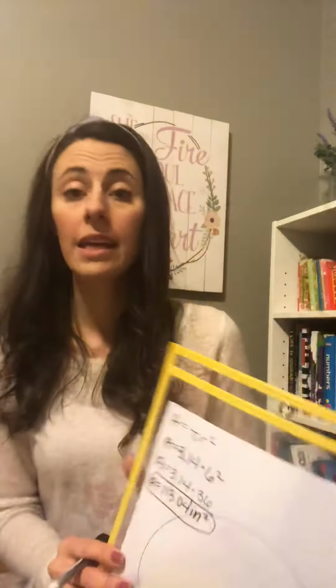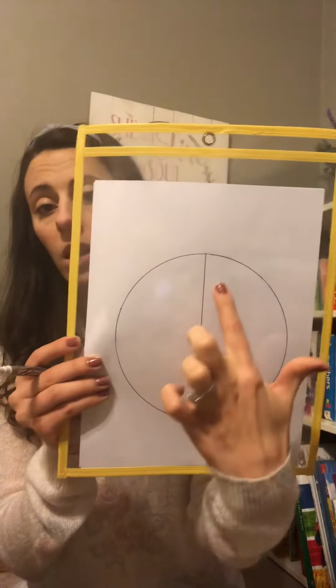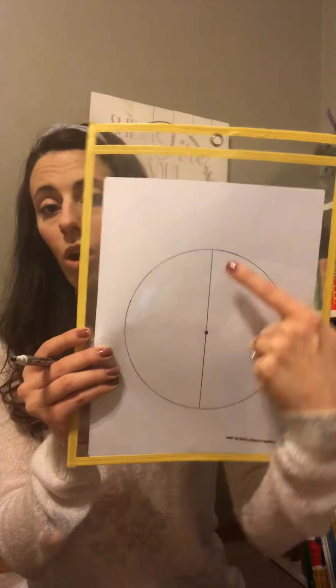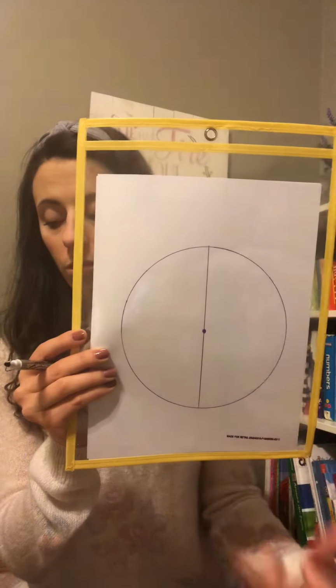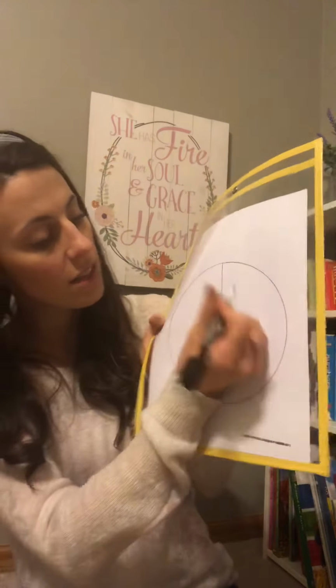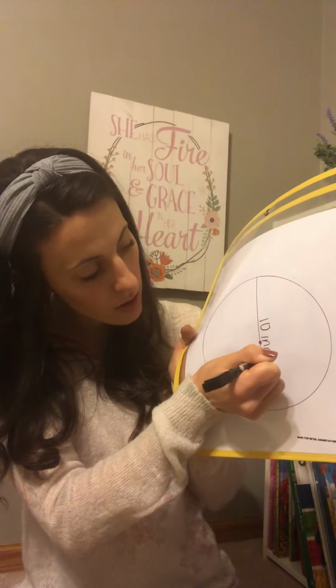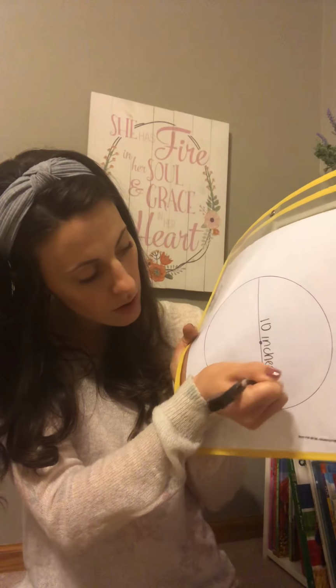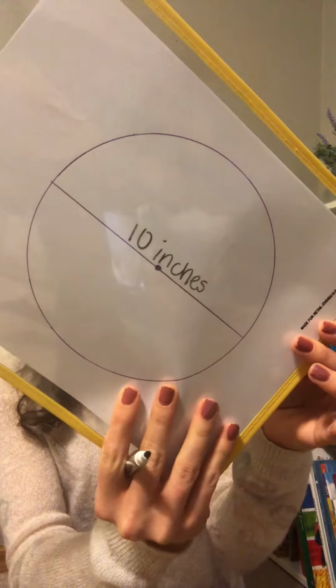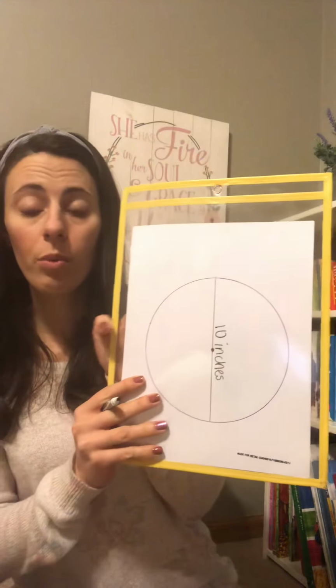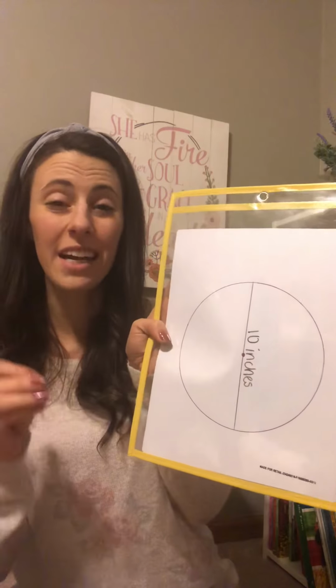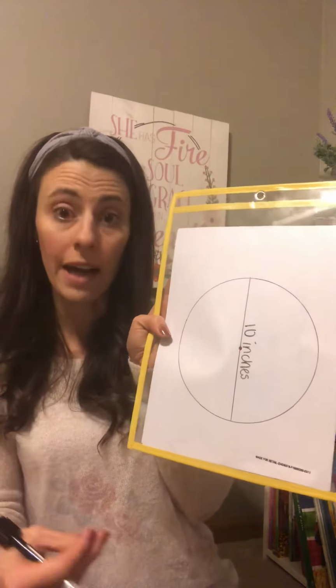If you are given the diameter of a circle, which would look like this, where you have a line that touches both edges and goes all the way through the center of your circle, for example, let's say that this diameter is 10 inches. The circle is 10 inches across. So when we have a circle that's given in diameter measurements, we need to actually find our radius.